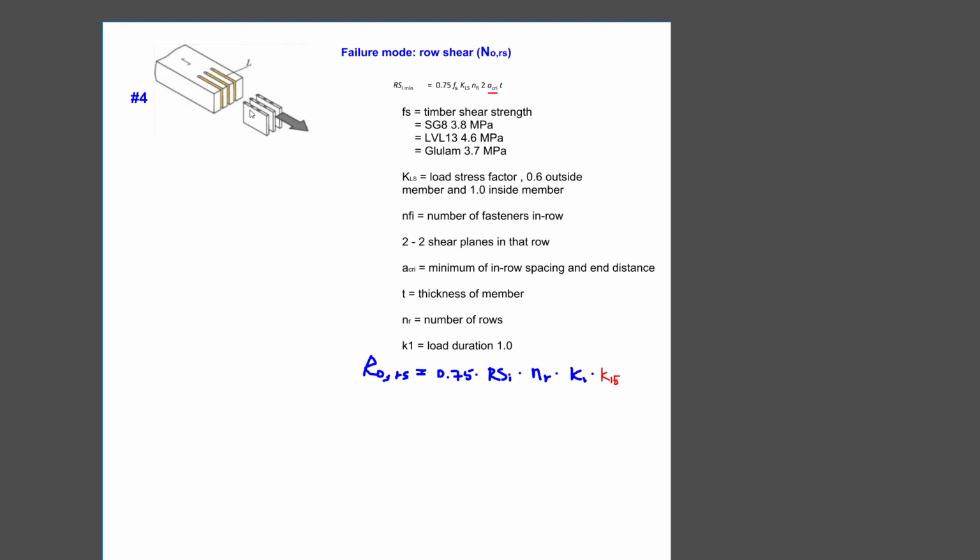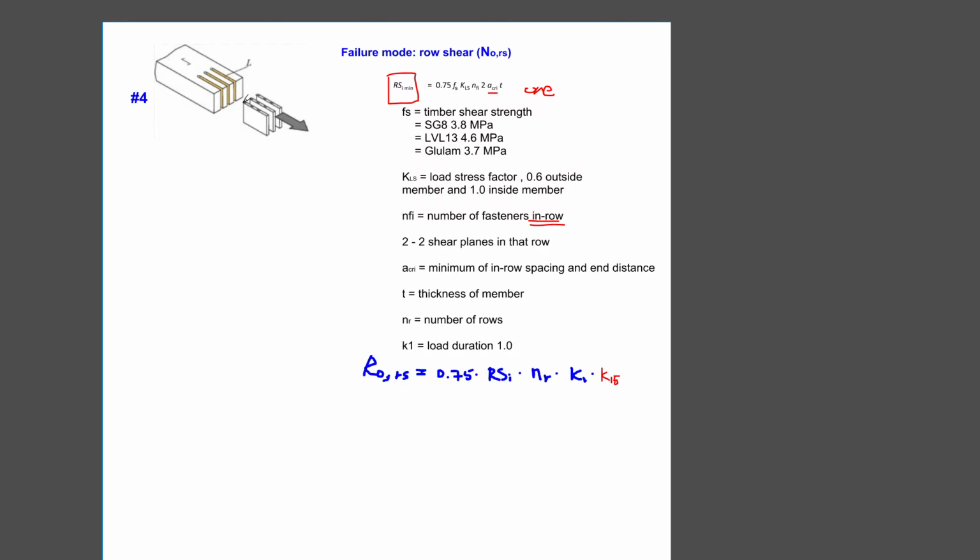All right. Next thing is your NFI, that is your number of fasteners in a row. That's the in-row fasteners, okay? Because this formula, RSI, is looking at one particular row. So this is just one row, remember.